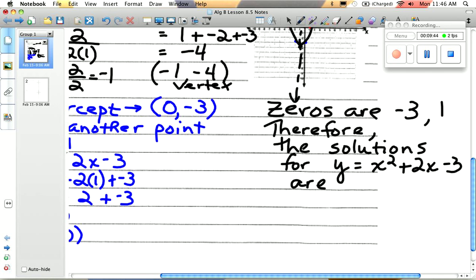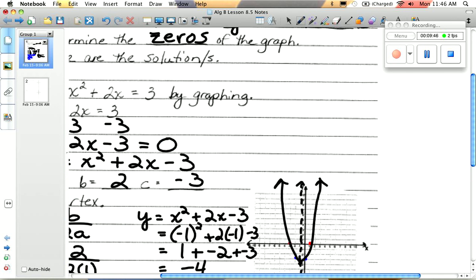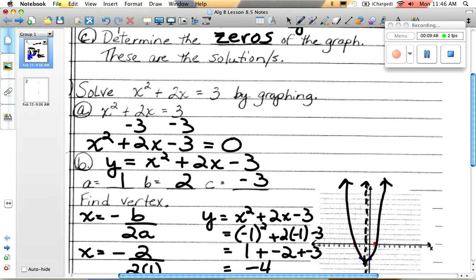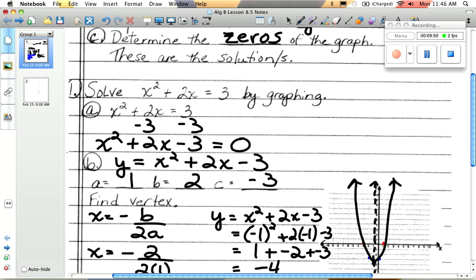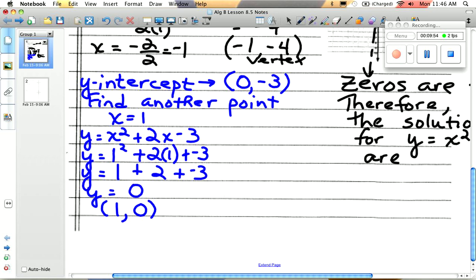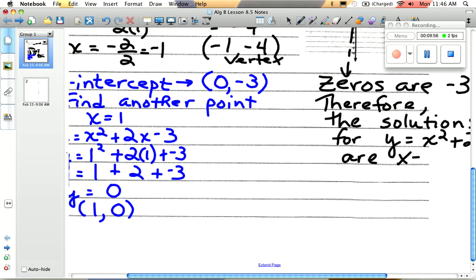Back up here. -3 and 1. It says, determine the zeros of the graph. These are the solutions. So our solutions are x equals -3 and x equals 1. So we found our solutions.